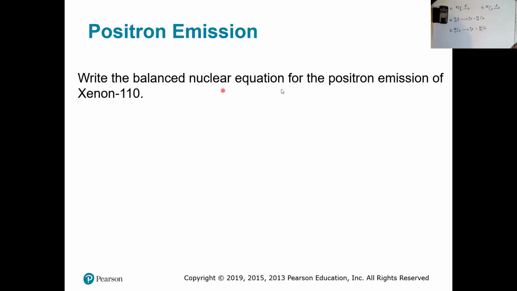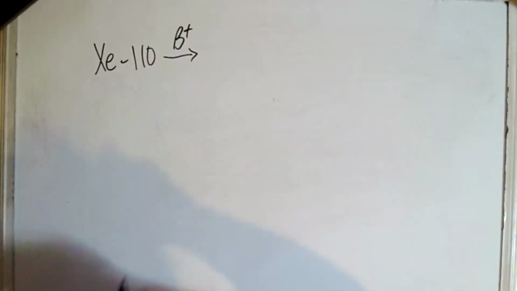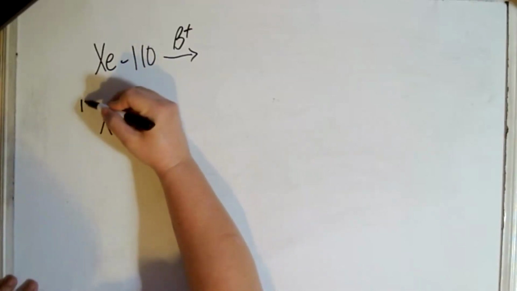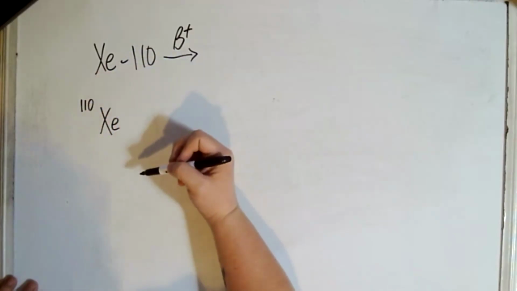So we're going to write the balanced nuclear equation for the positron emission of xenon 110. We can start by writing out our isotope notation for it.